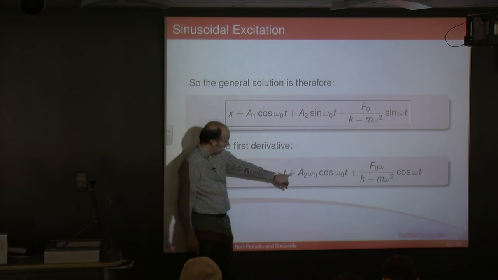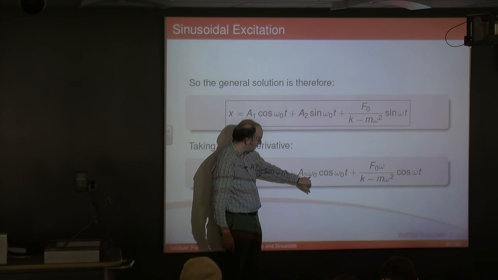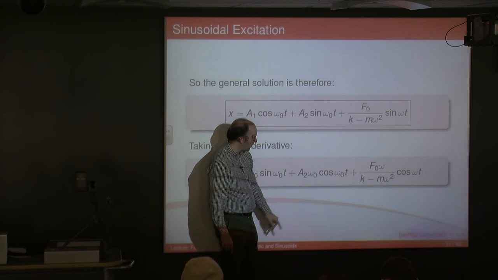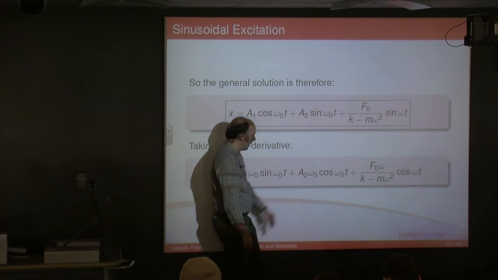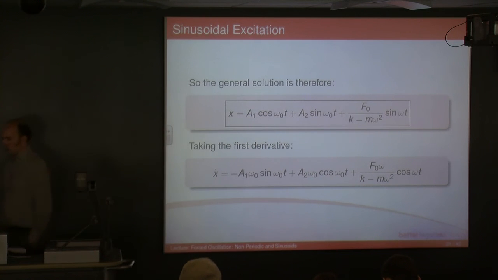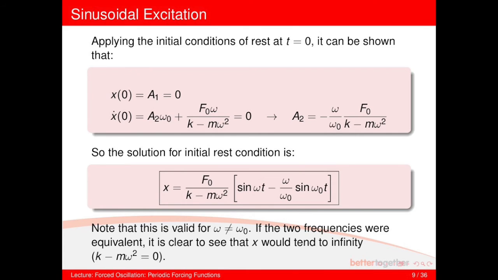We've got a2 omega naught times 1, and then we have f naught omega over k minus m omega squared times 1. And so it's quite clear that we can work out a2. a1 was 0, a2 is minus omega upon omega naught times f naught divided by k minus m omega squared. And so you can plug it in and you end up with this as your solution for initial rest conditions.